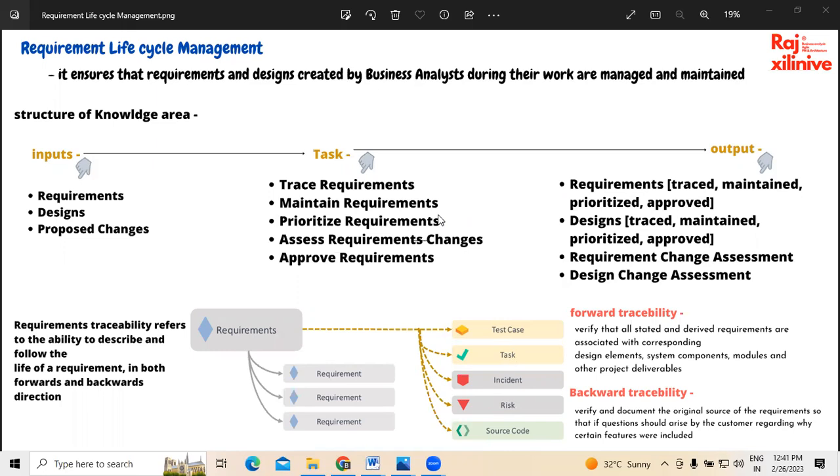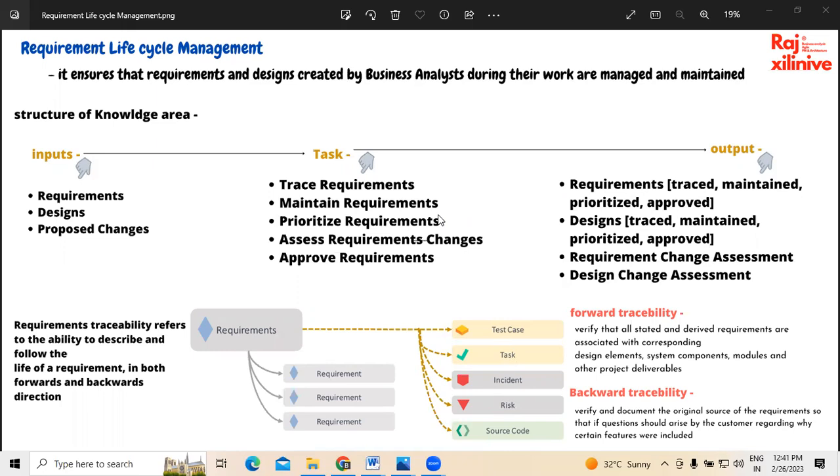Next, assessing requirement changes, because we have to understand requirement changes in two different ways. As long as the project is not started, for example, the requirement document is not closed or frozen so far, we can make changes.